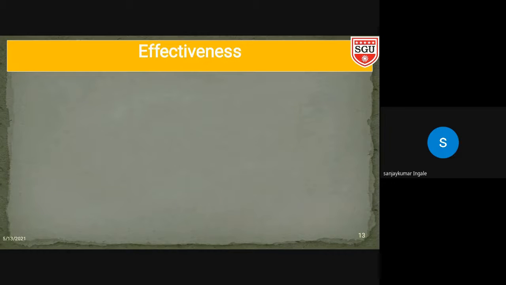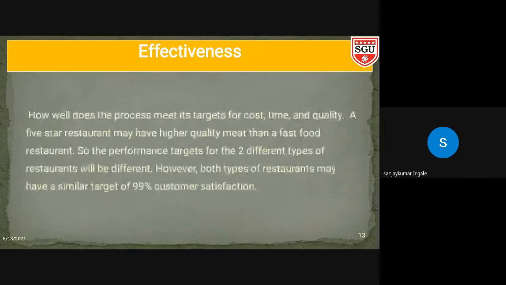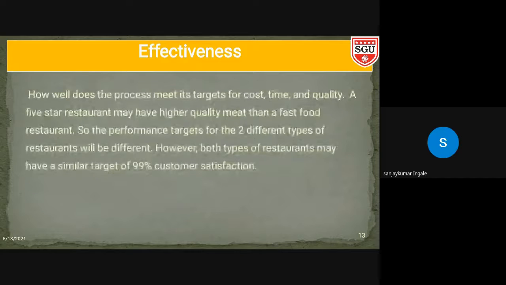Next is effectiveness. Here, how well the process meets the target for cost, time, and quality is checked. For example, a five-star hotel may have higher quality than a fast food restaurant.